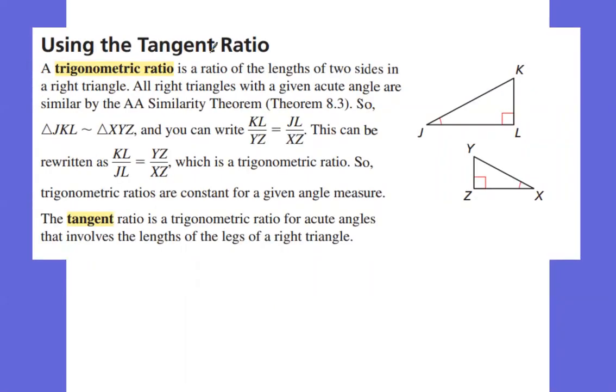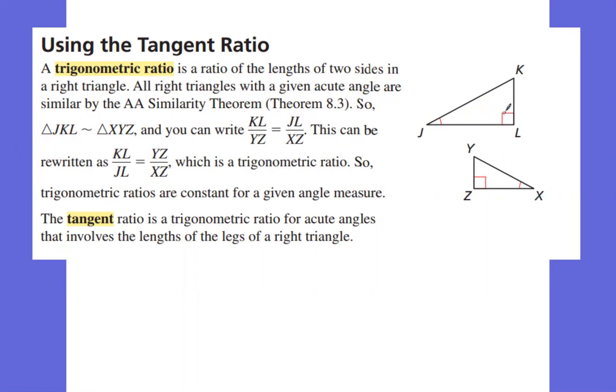Using the tangent ratio, a trigonometric ratio is a ratio of the lengths of two sides in a right triangle. All right triangles with a given acute angle are similar by the angle-angle similarity theorem, so triangle JKL is similar to triangle XYZ.